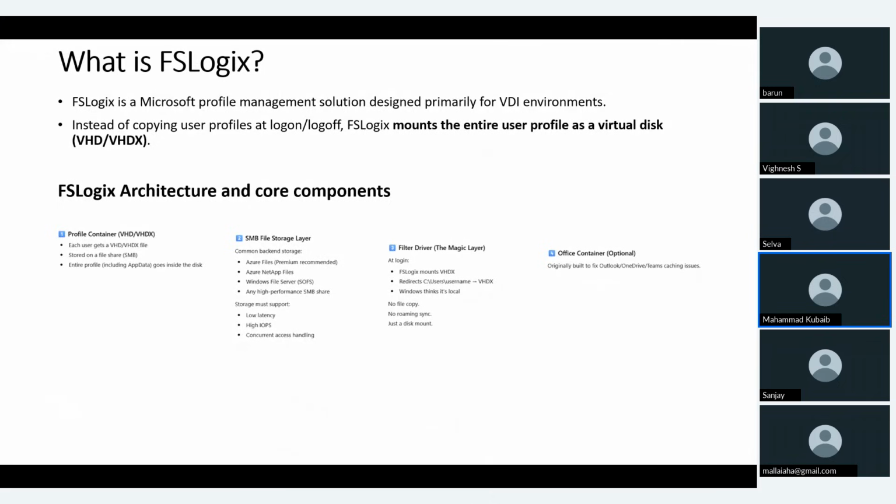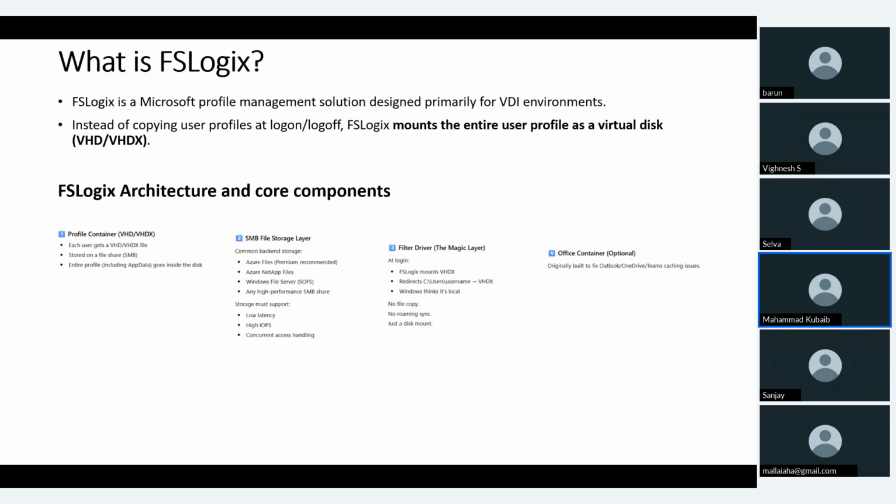Now see what the components of FSLogix are. The first one is the profile container. Each user gets their own VHD or VHDX file, which is stored in SMB storage, and it will have the complete profile, including your app data as well. As you remember, in the traditional UPM solution, app data will not redirect by default; you need to do the configuration.